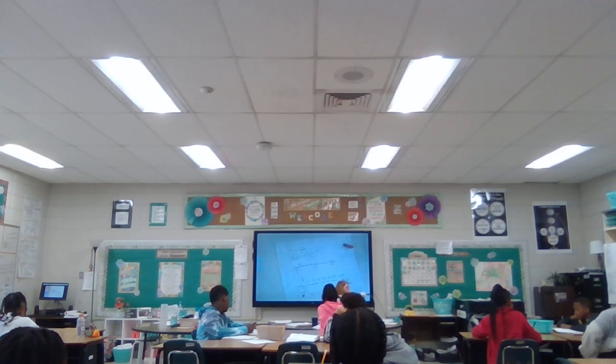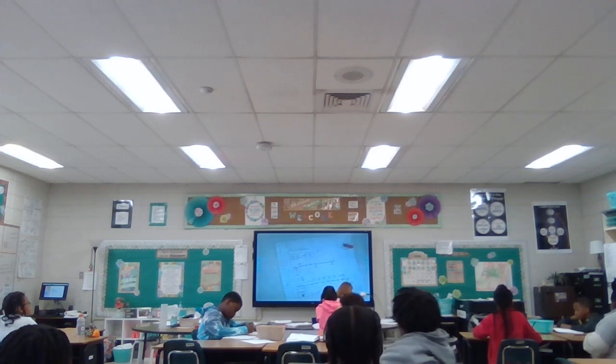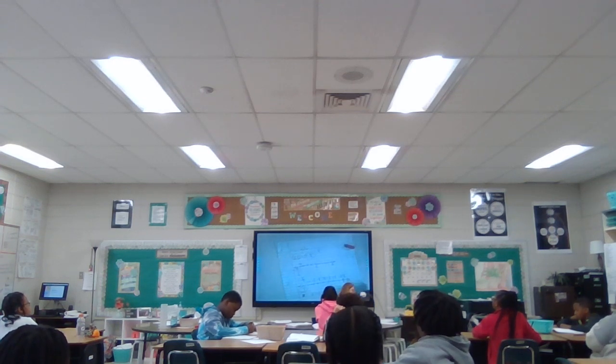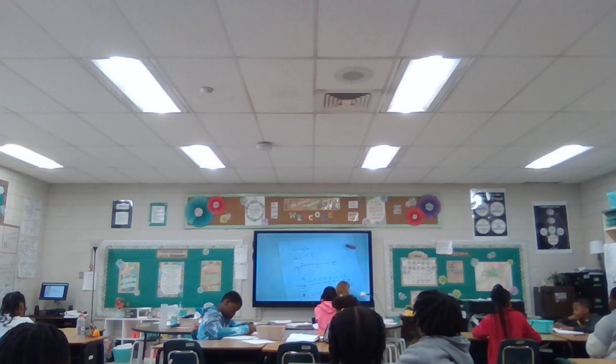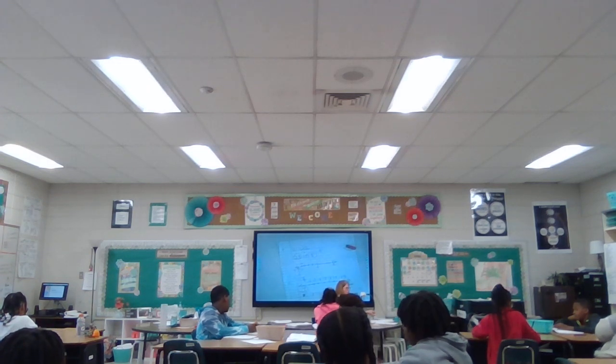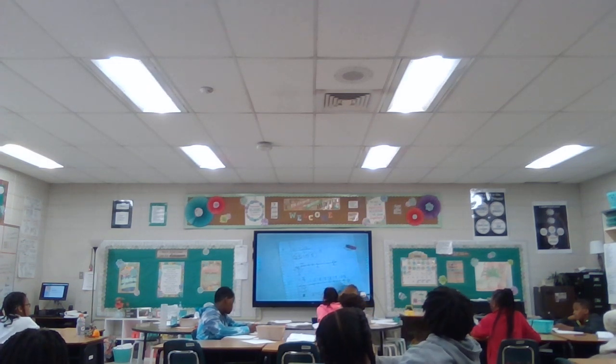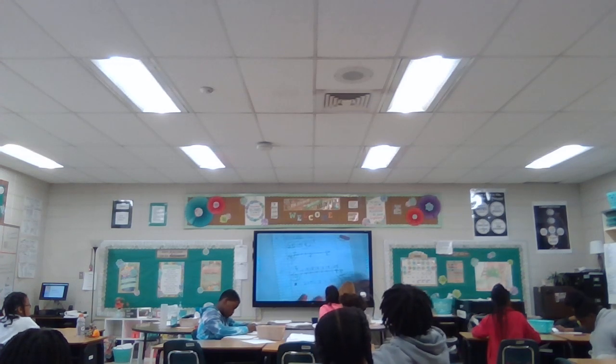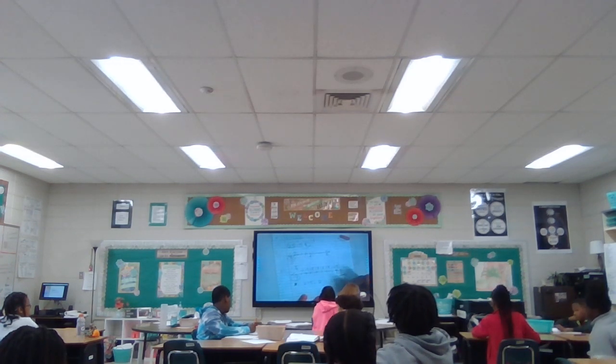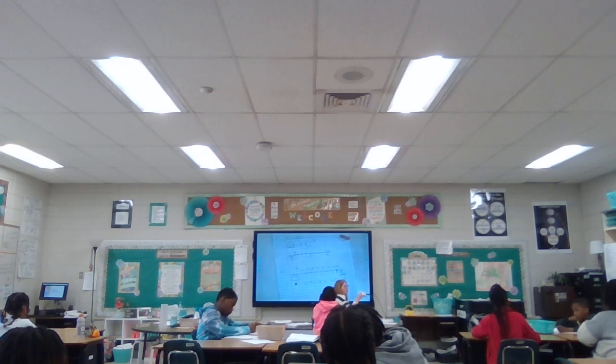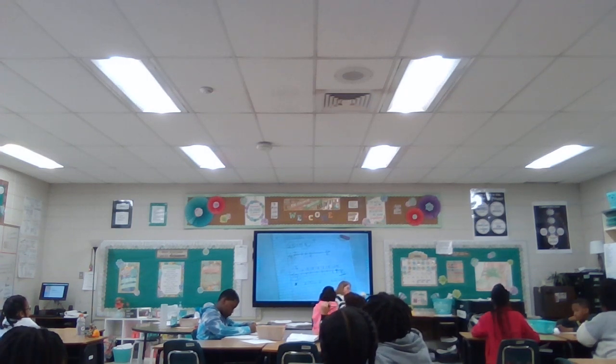8, and 8 is our what? What's the word we used at the very beginning? Starts with an E. Our estimate. It's our estimate because it's not exact, because we didn't add the exact fractions.